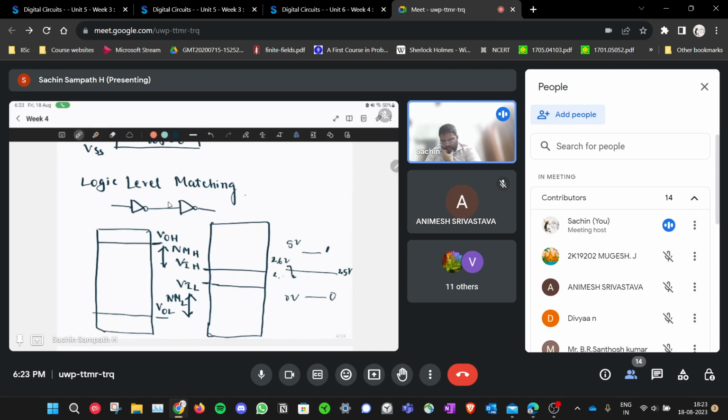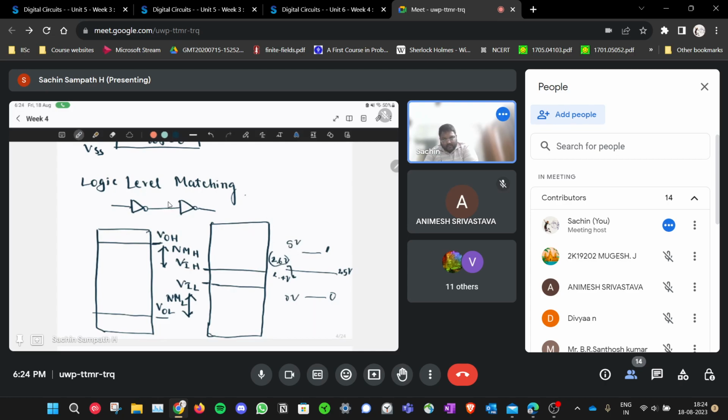So you might get 2.4 volts when you're actually supposed to get 2.6 volts. Now what will happen? Just a 0.2 volt difference caused your output to be completely different, right? Instead of 1, you got a 0 in terms of logic levels. So we want to avoid this situation.